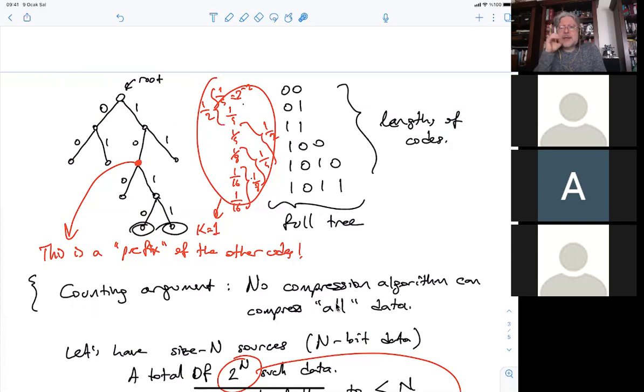So I'm starting with merging the ones that I expect to have the longest code word. What would be a good idea for the last and longest ones? The ones with the smallest probability.